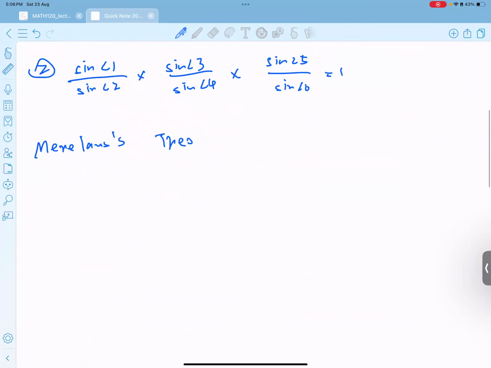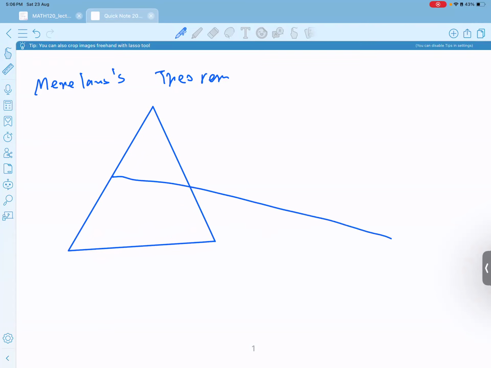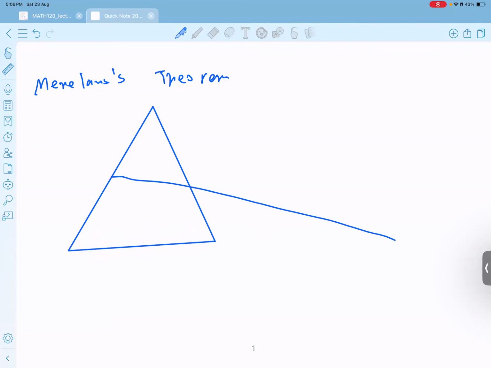So again, we have a triangle, and suppose we have a line. Okay.